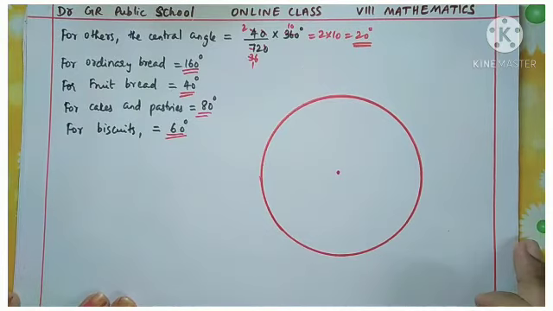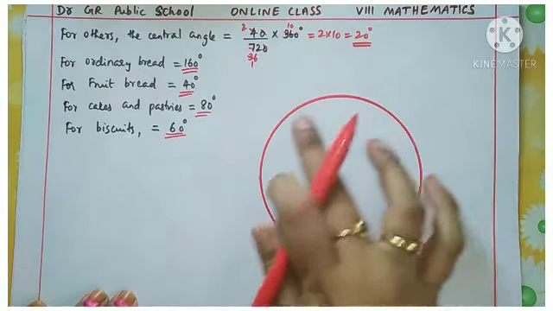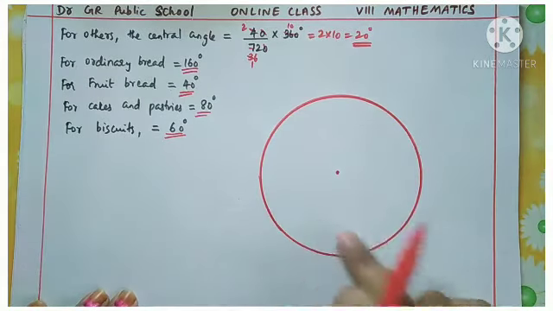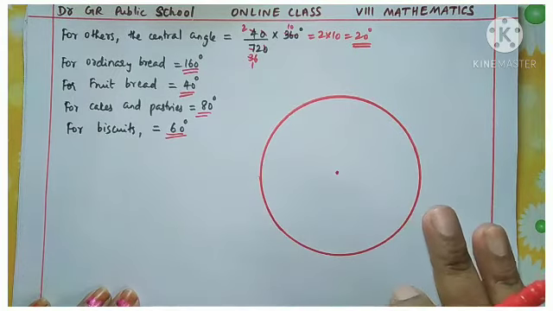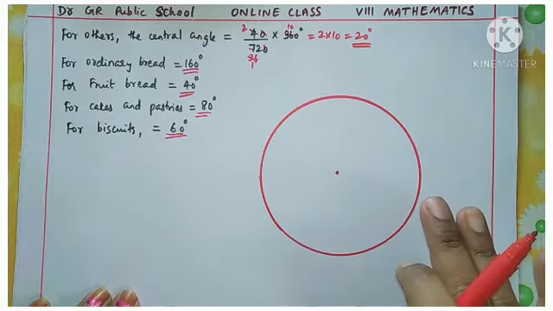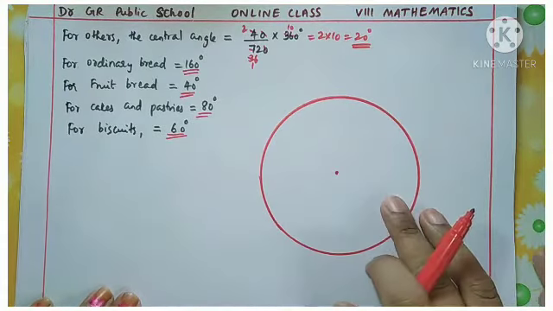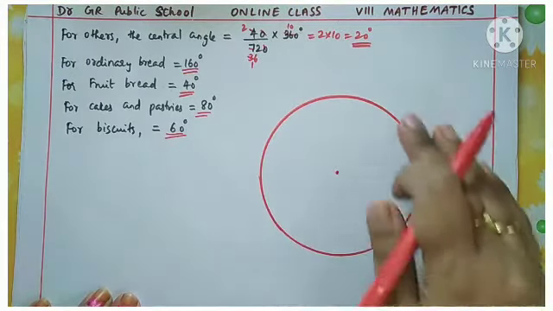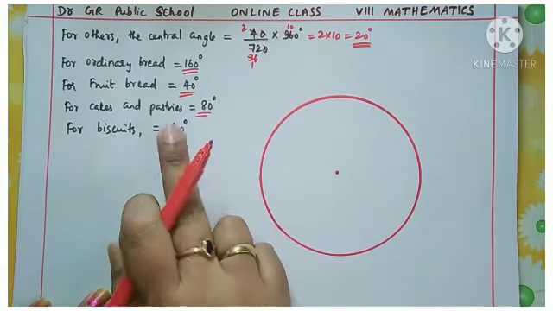Now our aim is to draw the pie chart. The first thing to draw a pie chart, you can draw a circle of any radius. Take your compass and for any radius, that is your choice, you can draw a circle. This whole circle we are going to divide into parts using these angles.